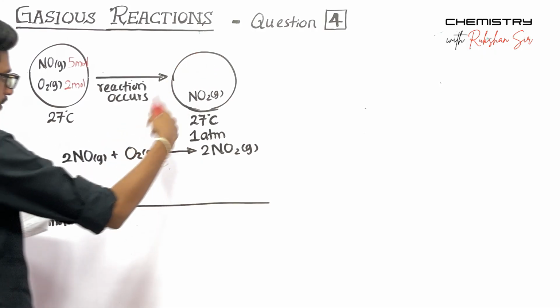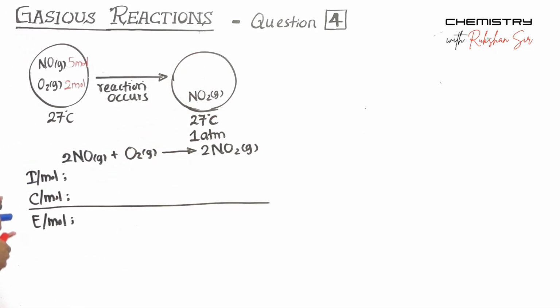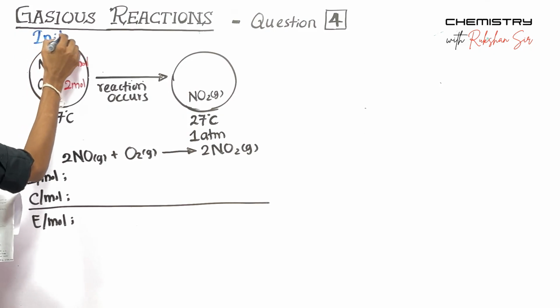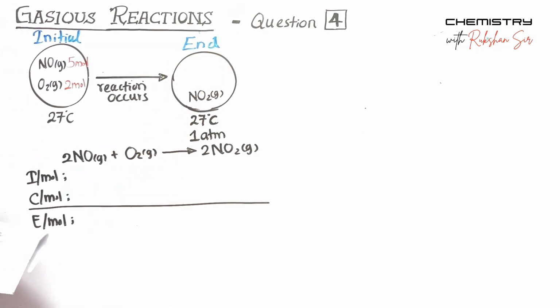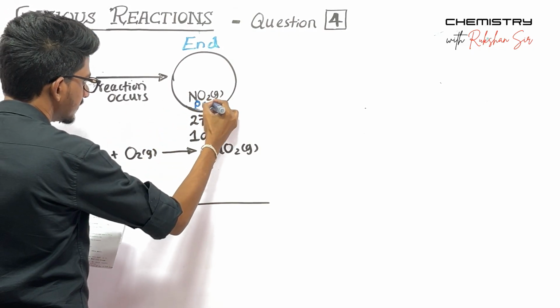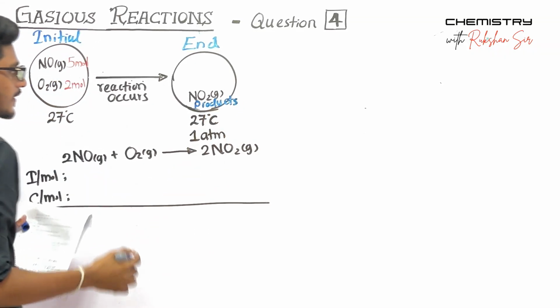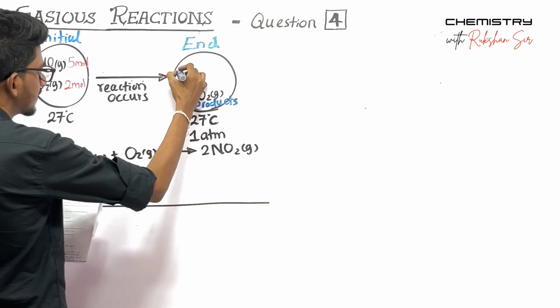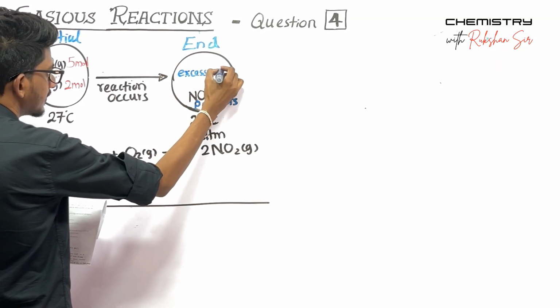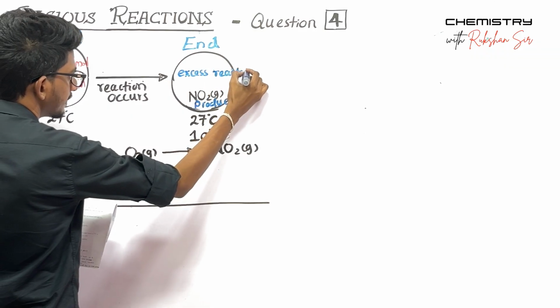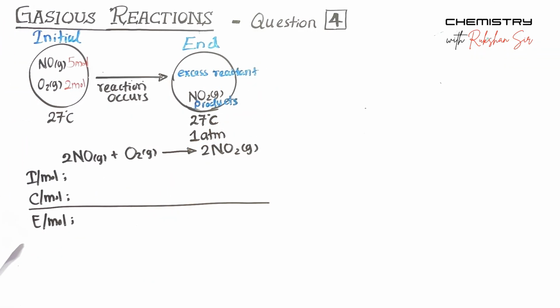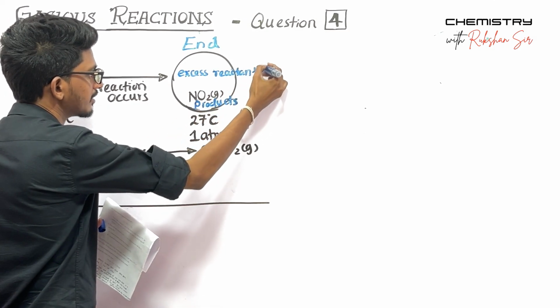At the end of the reaction, the products as well as the excess reagent will appear, but the limiting reagent will end, right?